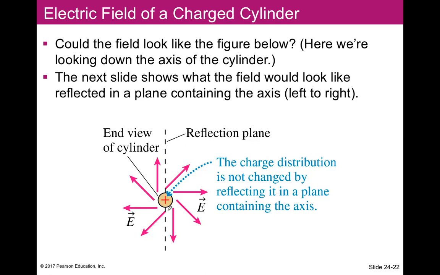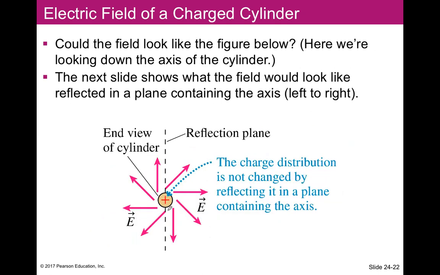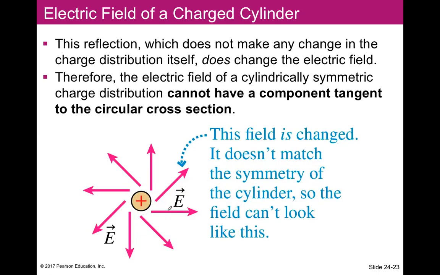Now, if we do a reflection based on such a plane, what we see is this. So actually, it's different from the previous one. The previous one is in that direction, but after you do a reflection, the direction has been changed.